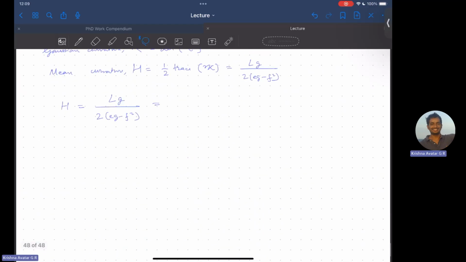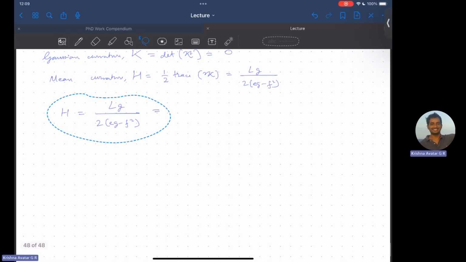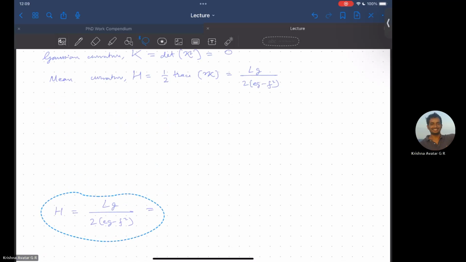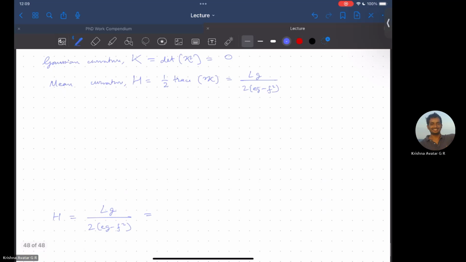But before that, let's take a slight digression here: the geodesic curvature of a curve lying on a surface remains invariant under isometric deformation.